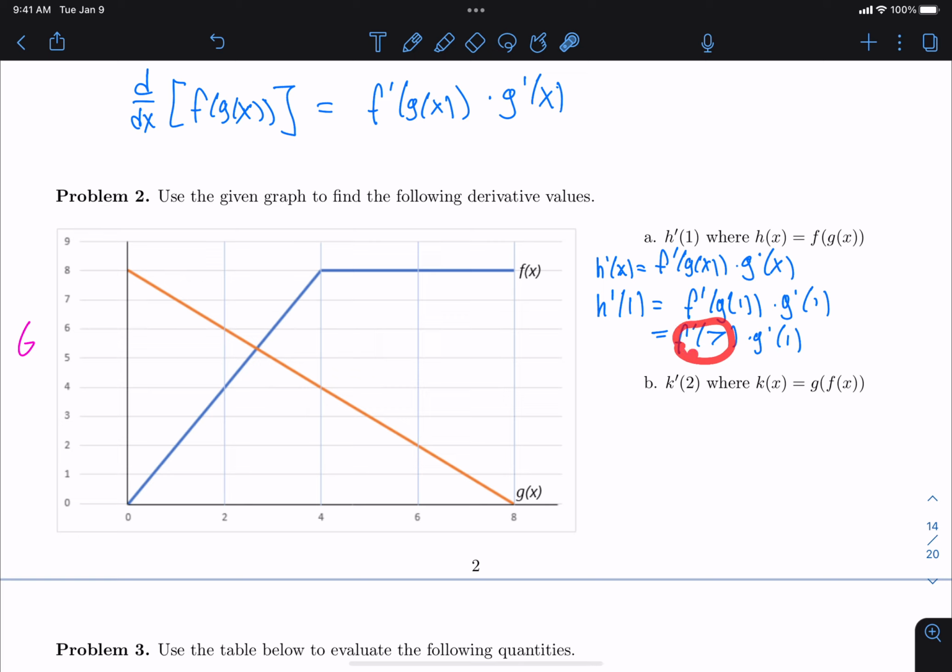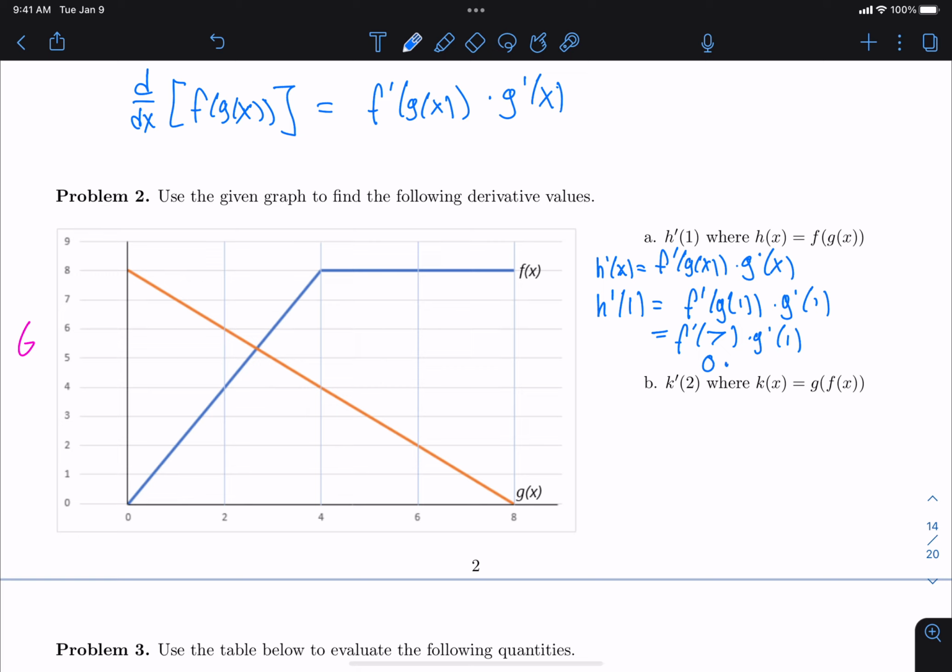The derivative is the steepness of the graph. So f prime of 7 refers to the relative steepness of the function f near x equals 7. Which tells us, well, the function's going straight across when x is equal to 7, which means it's constant, which means it's not changing, which means its slope is 0.